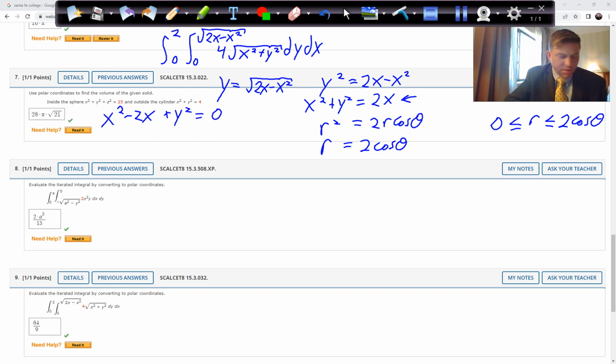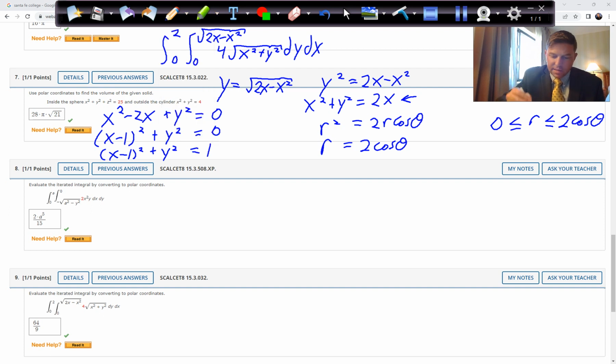And we're going to complete the square and call this x minus 1 squared plus y squared equals 0. But by completing this square, I pick up a third term of plus 1. So if I pick up an extra plus 1 on this side, I have to add a plus 1 to that side. So this is x minus 1 squared plus y squared equals 1.